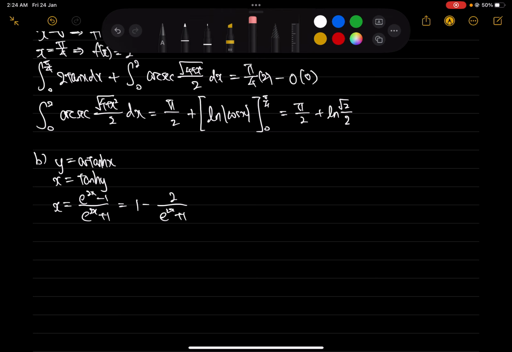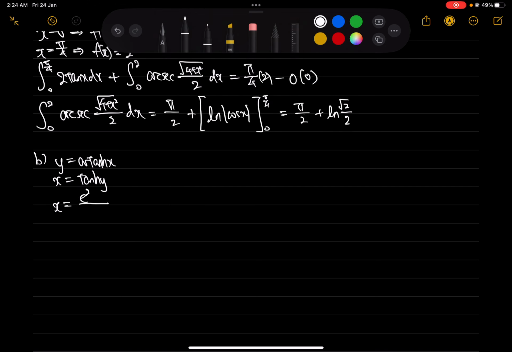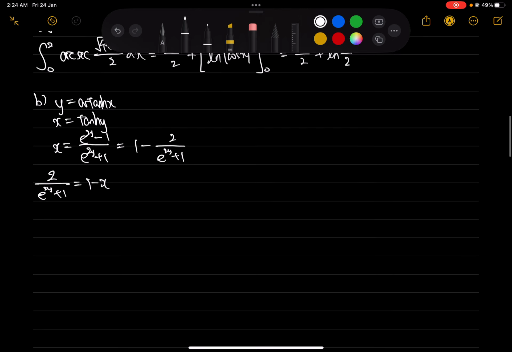The axis should be y, so let me change that really quickly. And then x is this.